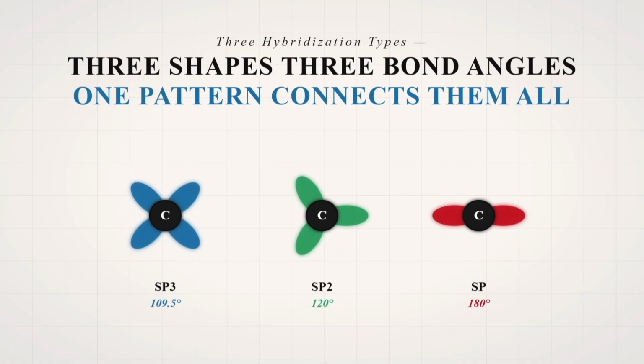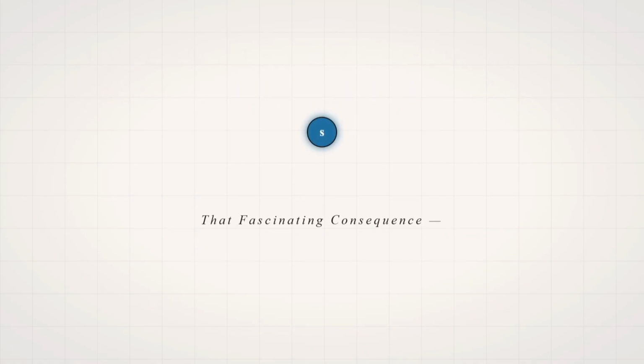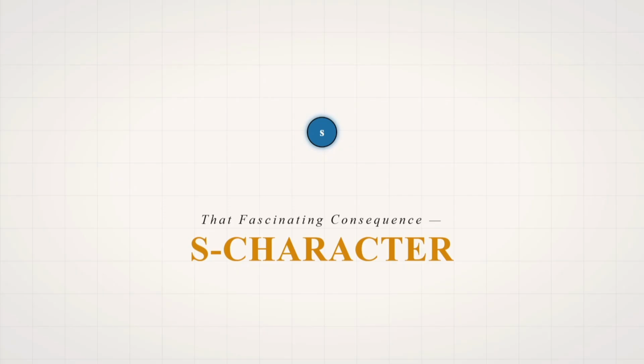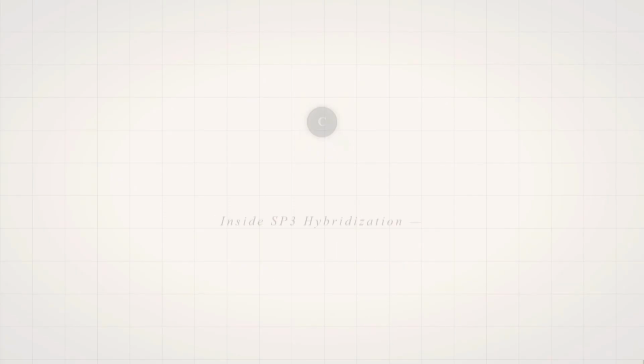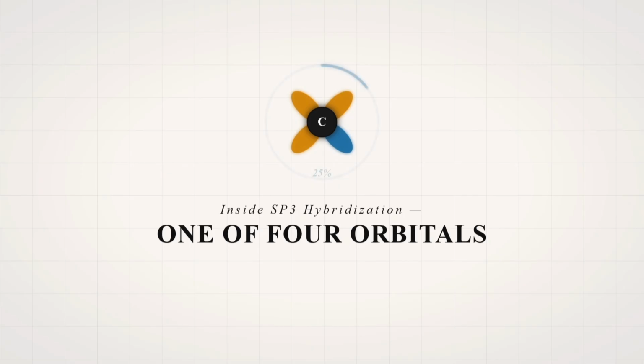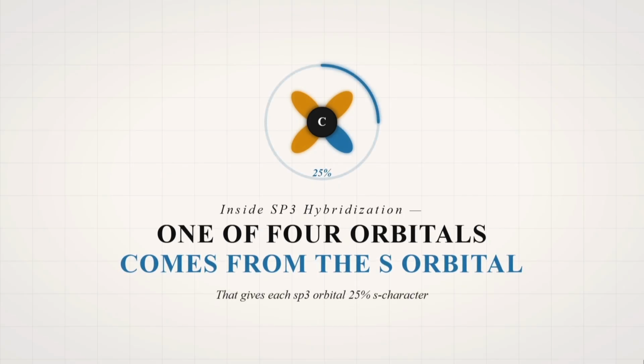But there's a pattern connecting all of them that most students miss. That fascinating consequence of hybridization is s character. In sp3 hybridization, one out of the four hybrid orbitals originates from an s orbital. So each sp3 hybrid orbital has 25% s character.